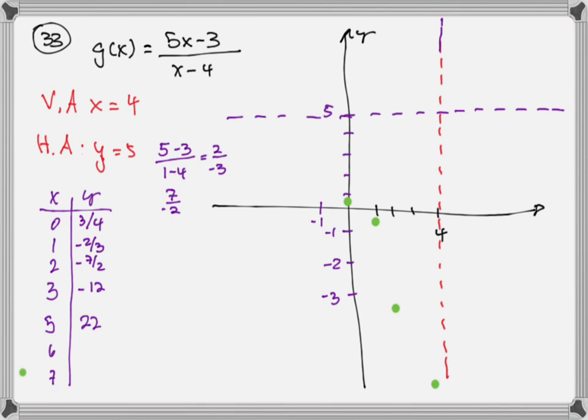Maybe we should have picked... Can somebody do -1 for x? It's 8 fifths.